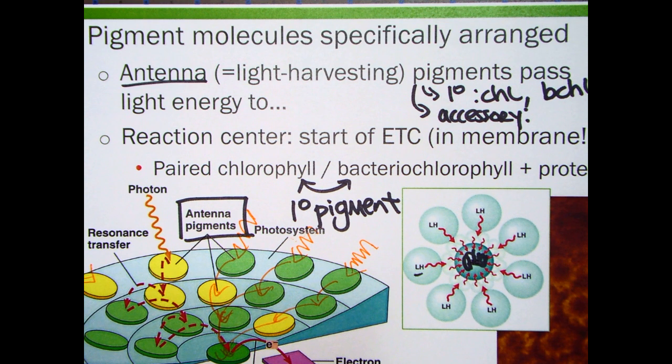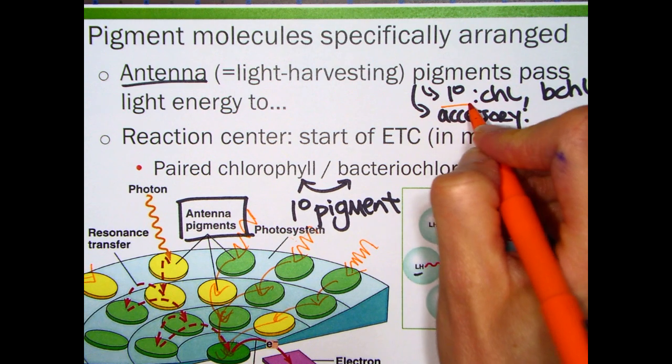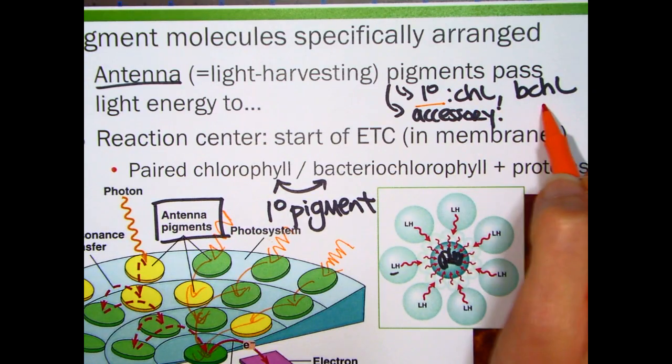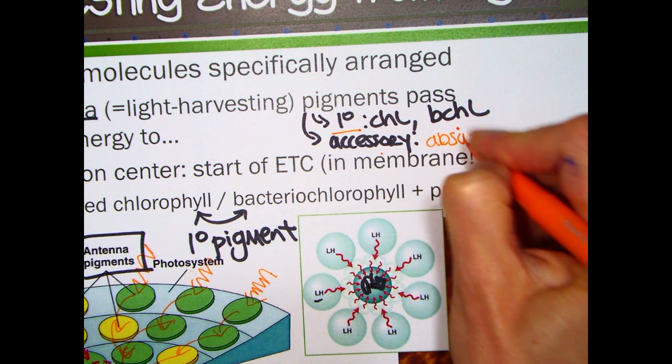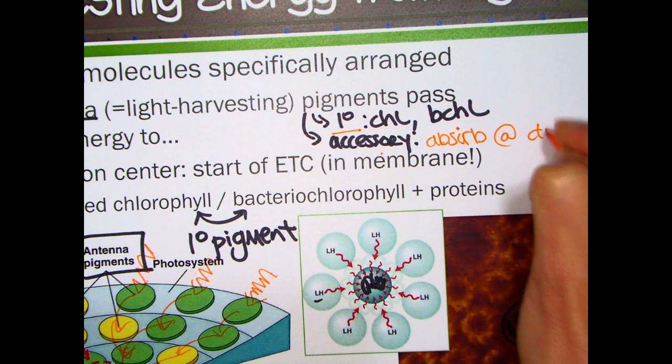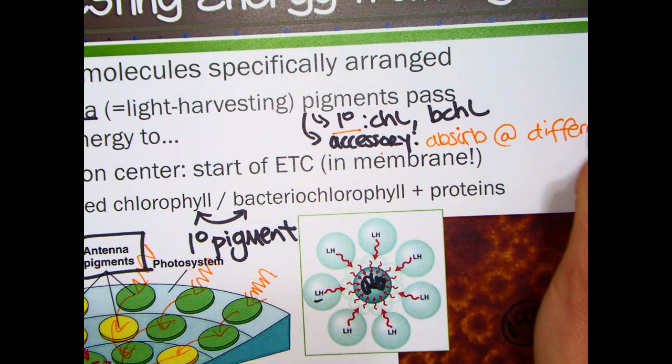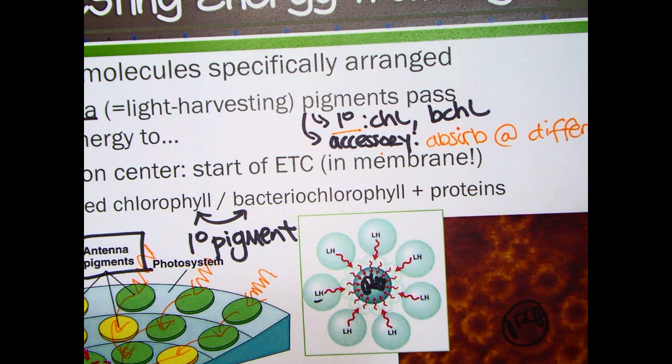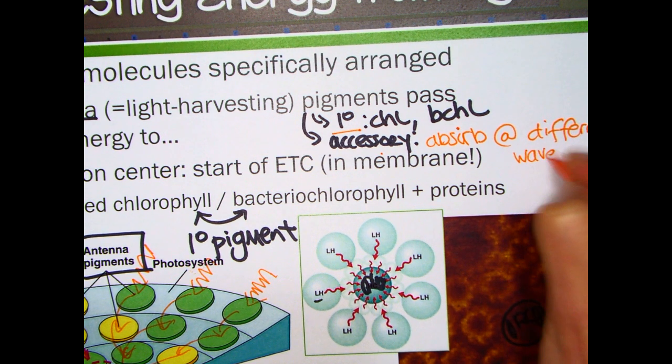So this humongous, comparatively speaking to the size of the cell, this humongous array of photosynthetic pigments, both primary pigments, which are chlorophyll and bacteria chlorophyll, and accessory pigments, which absorb at different wavelengths, different than the primary pigment, not necessarily different than each other.